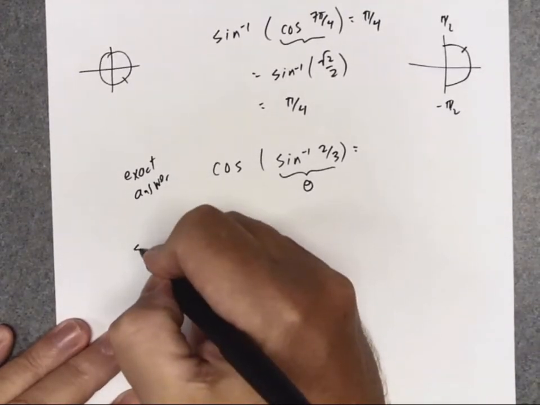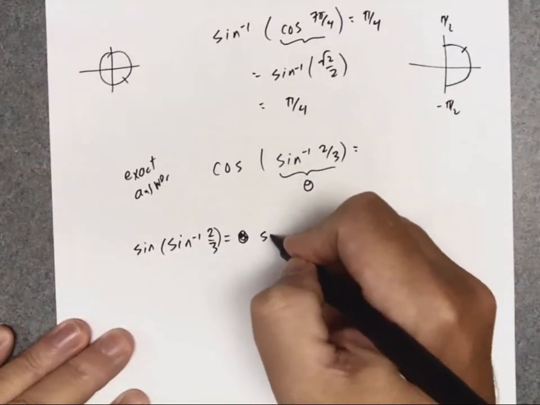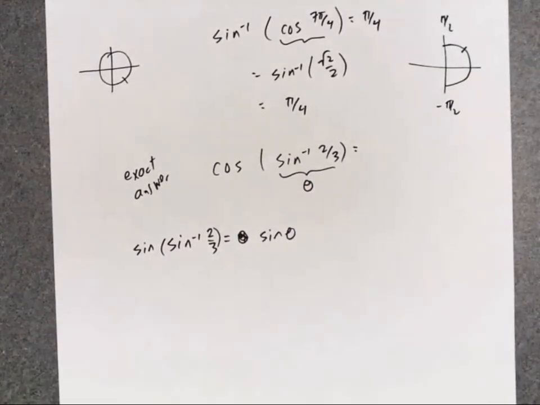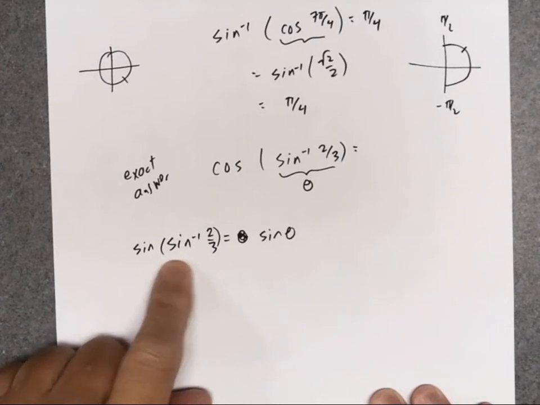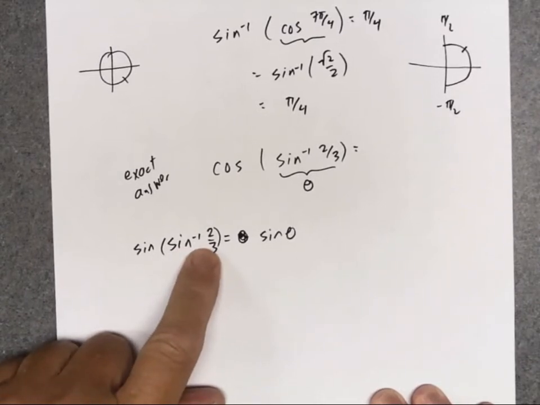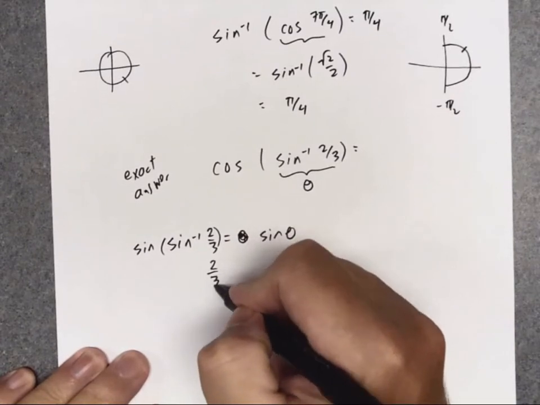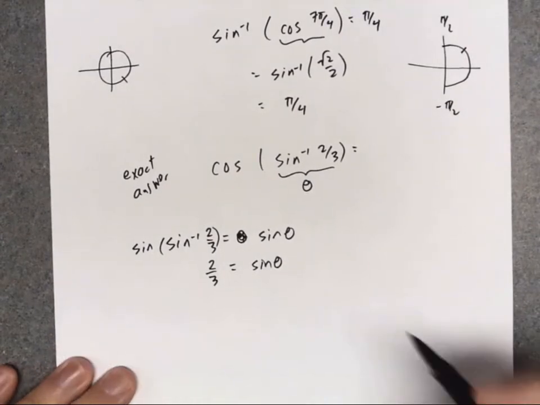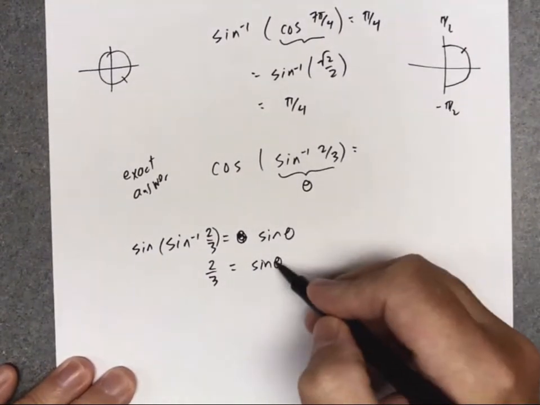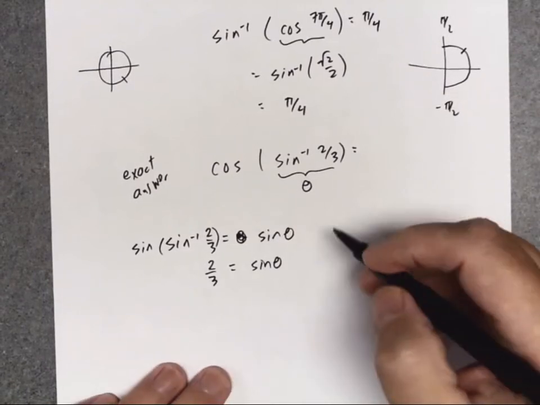How about I take the sine of both sides of that. Now if I look here and you go back to your cancellation rules, this number is between -1 and 1. So this side equals 2/3. So in a sense, the theta I'm trying to solve for up here, I can think of it as the sine of theta equals 2/3.